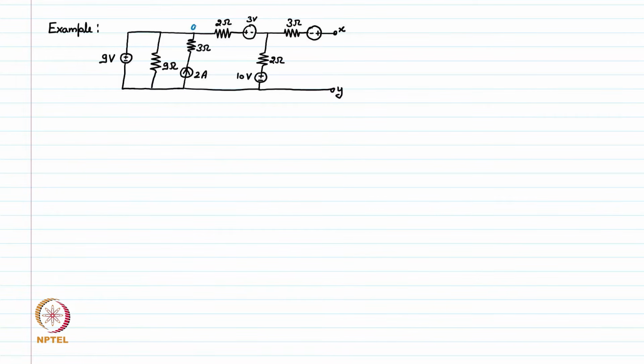Let's say this node is node A, this node is C, this node is B, and this node is D. Now we want to calculate how much is the Thevenin voltage and current and resistance values.